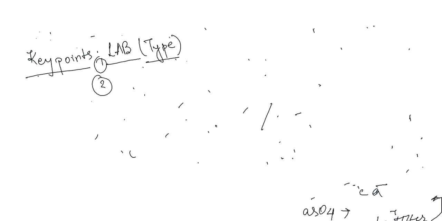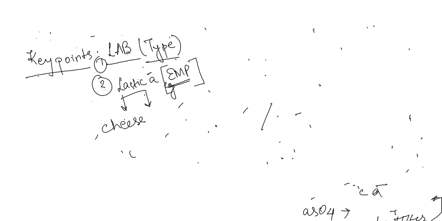Then you can get lactic acid naturally from the EMP pathway and the phosphate pentose pathway. You can even get lactic acid from the cheese whey, one such example I have given.